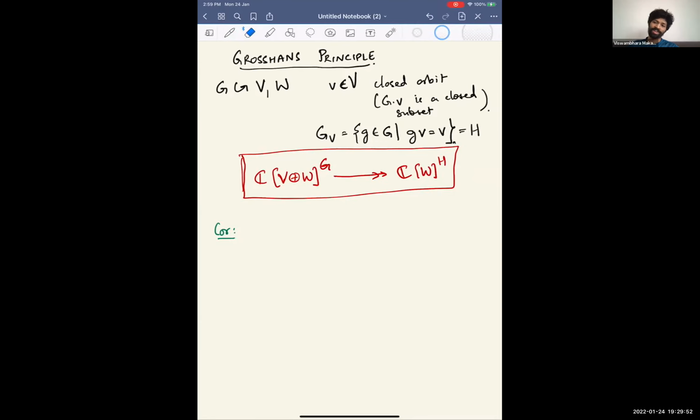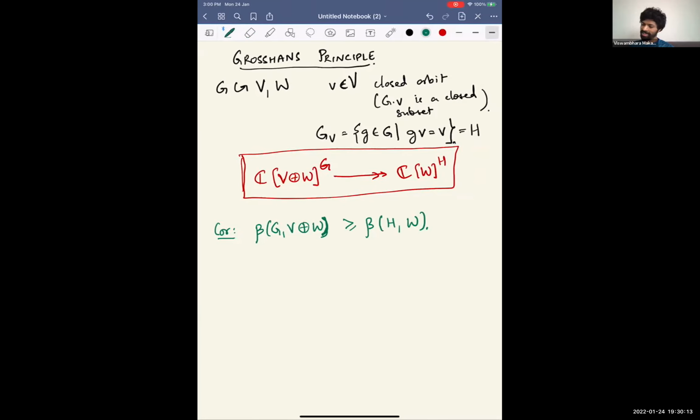Or equivalently, if you have an upper bound on the left hand side, you get an upper bound on the right hand side. So what this says is that the degree bound for V direct sum W for the action of the larger group G is going to be greater than the degree bound for the smaller group for just one representation, just the W representation.